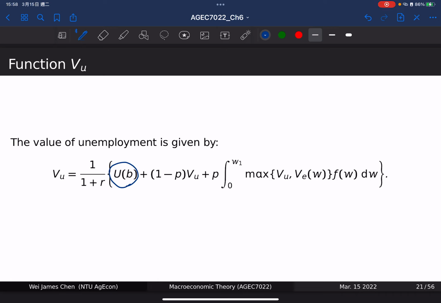And there's a 1 minus P chance that you won't get any job offer during this period. If you don't have any job offer, what happens? You keep being unemployed, right? So with probability 1 minus P, you are still unemployed.